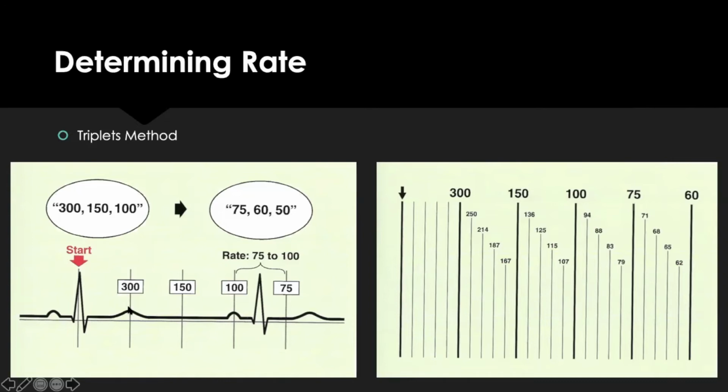One big square would be 300, the second big square would be 150, the third big square would be 100, and then like this one, this R wave is in between 75 and 100. So the rate would be between 75 and 100. And if you go over here, it would most likely be between 60 and 65. Each one of these little notches is one of these smaller squares, but it's easier just to memorize 300, 150, 100, 75, 60, and 50.